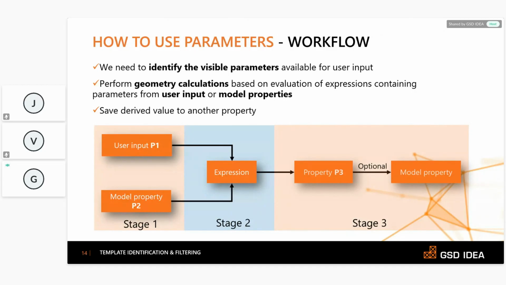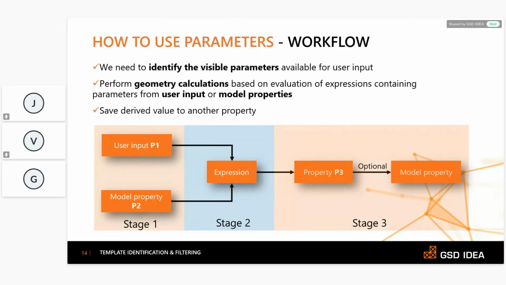Now the second stage is the expression evaluation, or the creation of the expression. This is where the logic happens. A bit of math is required in here, not a lot of math, but a bit. An expression considers one or more of the parameters, either only the user input, or the model property, or both.